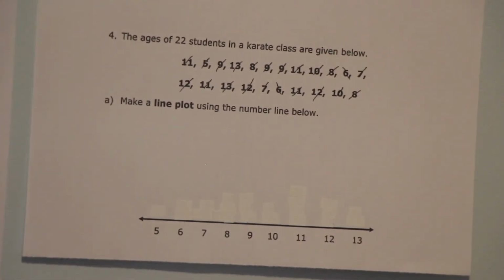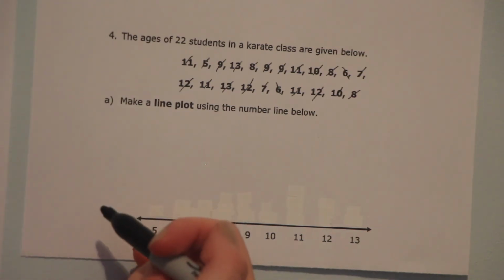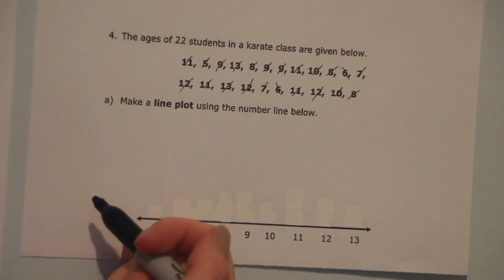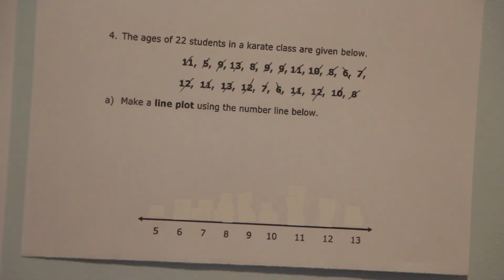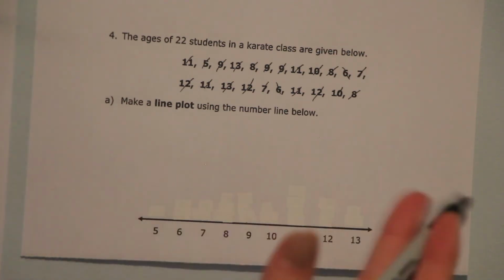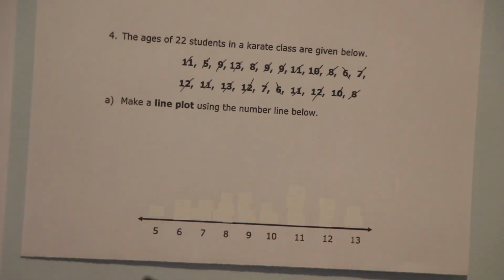Okay, so this is the ages of 22 students in a karate class, and we just basically have to make a line or dot plot using the number line below. So often these are done horizontally, but you can also see them vertically, but they're most commonly seen horizontally.